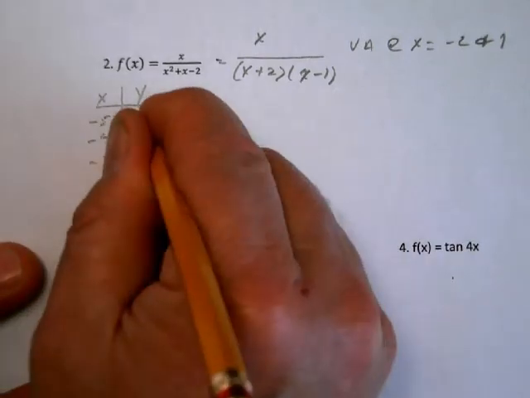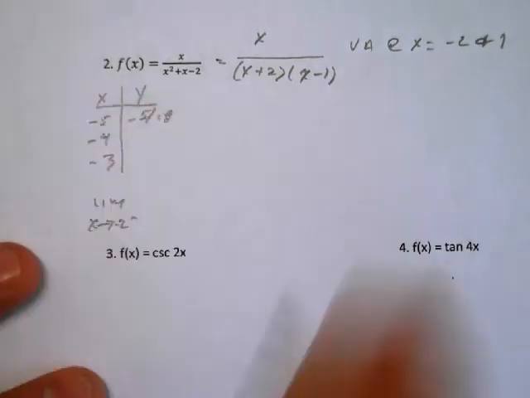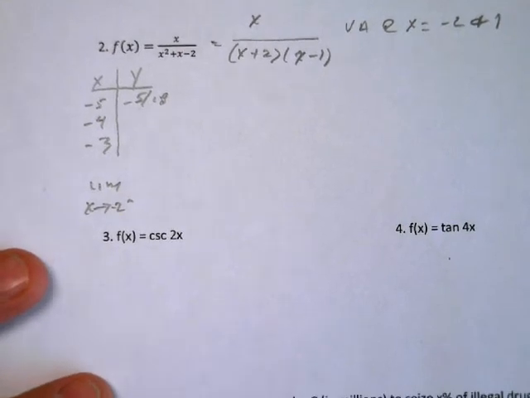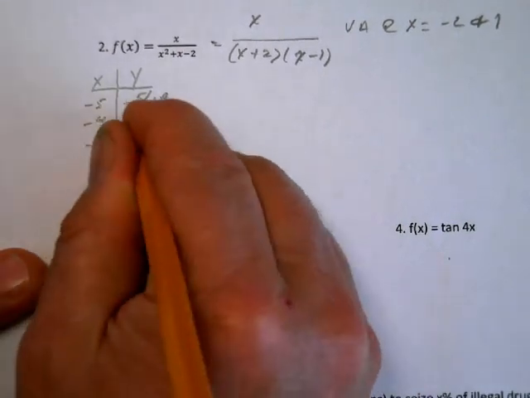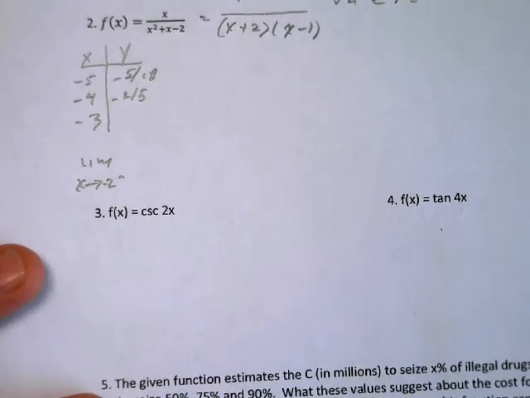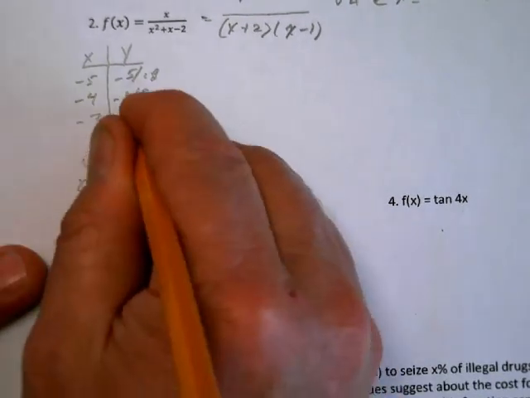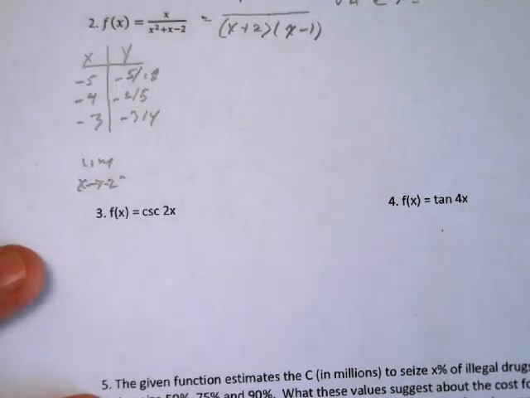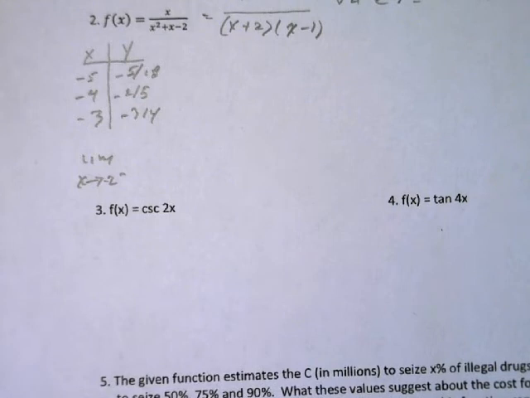So if I put -5 into that, what you get is -5/18. If I put -4 in, I get -2/5. And if I put -3 in, I get -3/4.